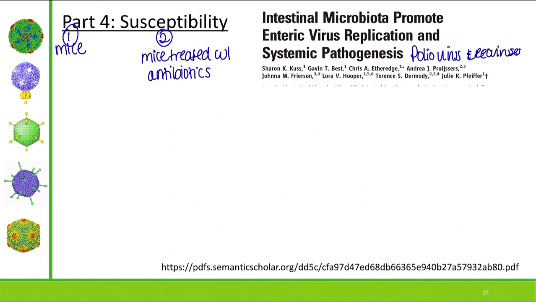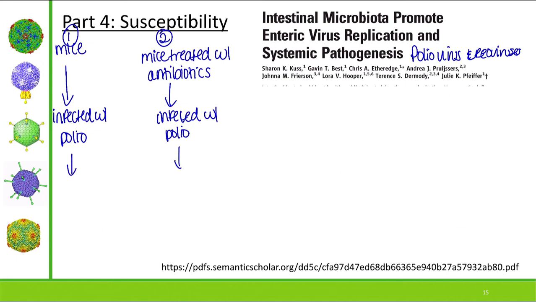So it got rid of their microbiome. And then after those mice that were treated with antibiotics had their microbiome cleared out, they infected them with polio. They did this to both of the groups of mice.